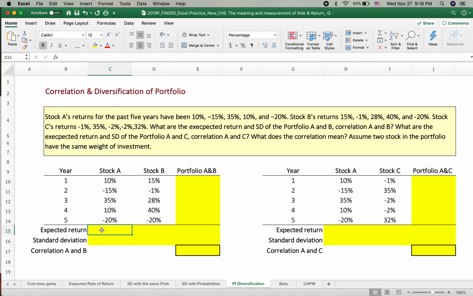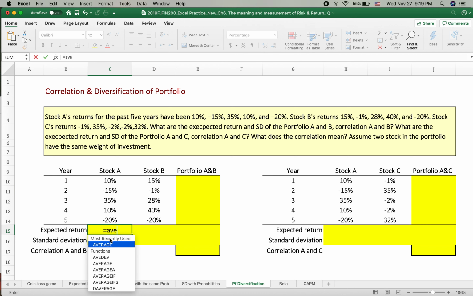We have two combinations: a portfolio of stock A and B, and a portfolio of stock A and C. Let's calculate the expected rate of return with just the average function.